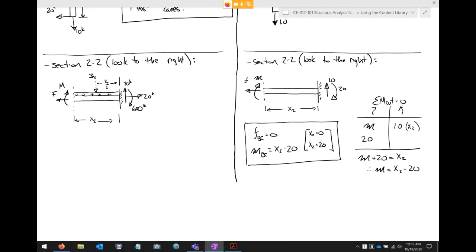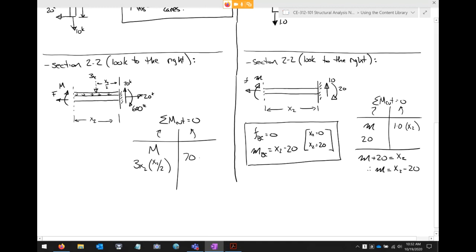Now, if I sum moments at the cut, start at the left, work your way over. Okay, so I don't need to consider the F. I've got the M I need to consider. I've got 3x times x over 2, which is going to go this way. Over here, I don't need to consider the 20 kips.